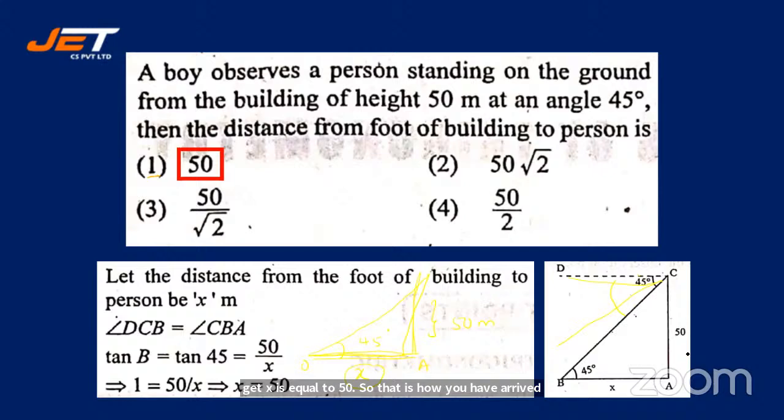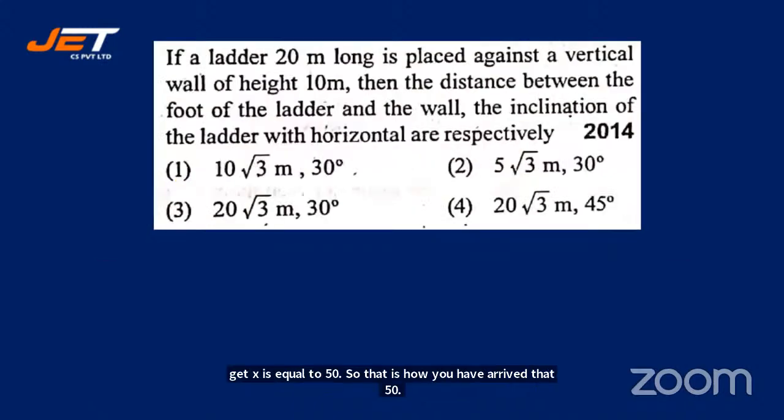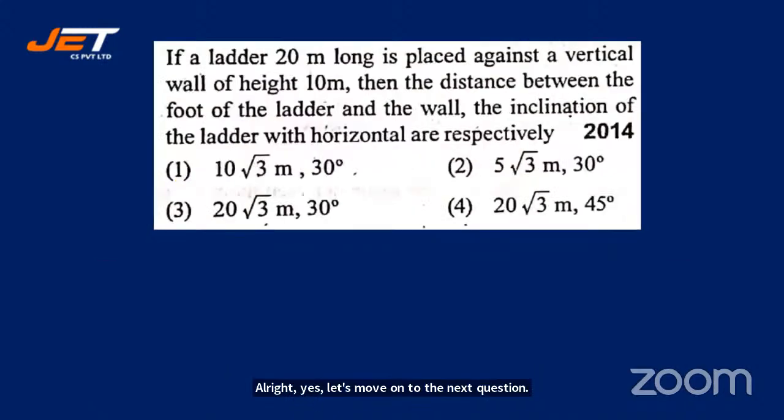Let's move on to the next question. If a ladder 20 meters long is placed against a vertical wall of height 10 meters, then the distance between the foot of the ladder and the wall, and the inclination of the ladder with horizontal, are respectively dash.